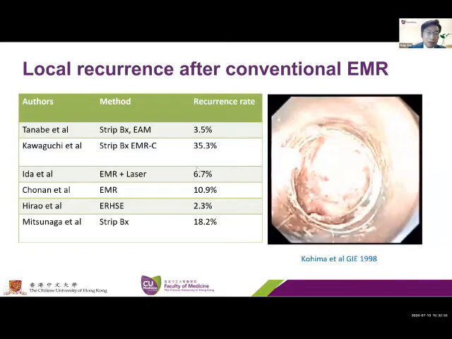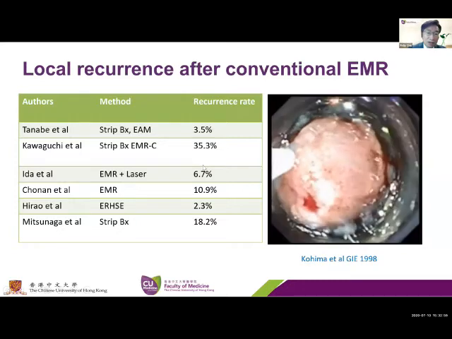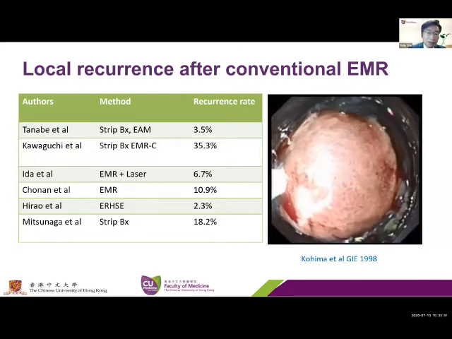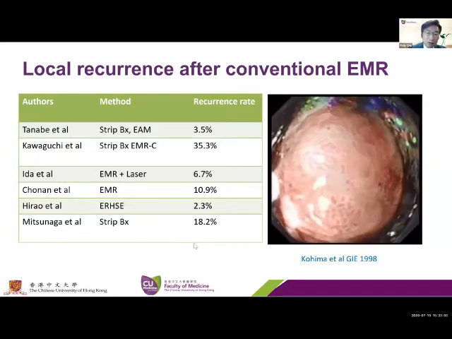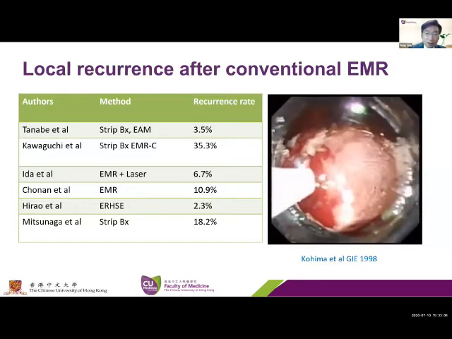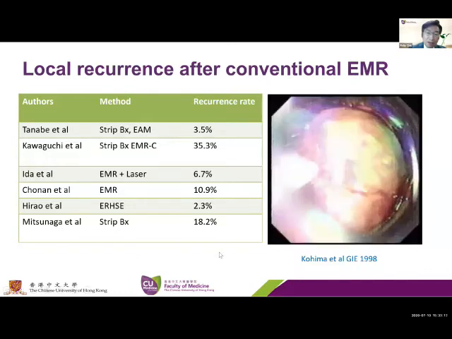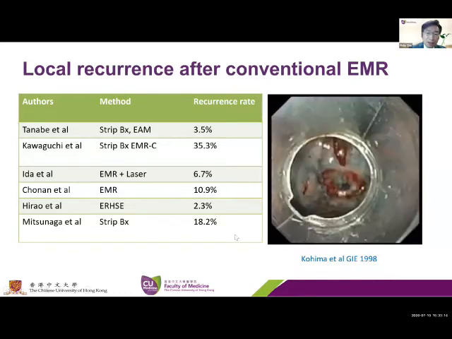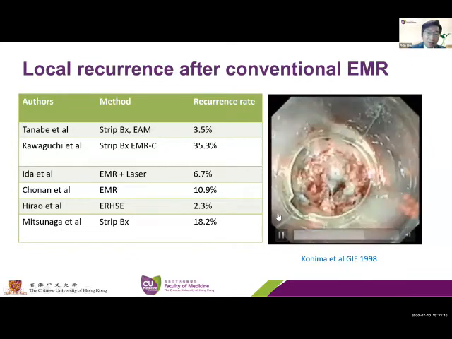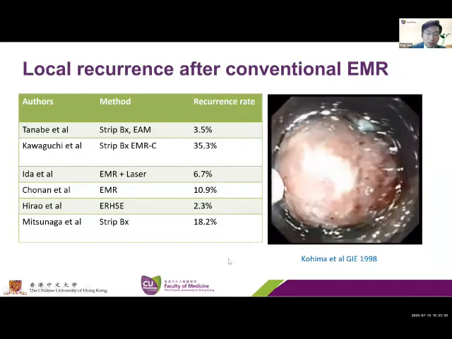But there is a major variation in the local recurrence rate. One reason is that this technique is adequate to treat lesions of 1 centimeter. For lesions larger than 1 centimeter, we cannot resect en bloc and have to resect separately in piecemeal, which leads to a higher risk of local recurrence.